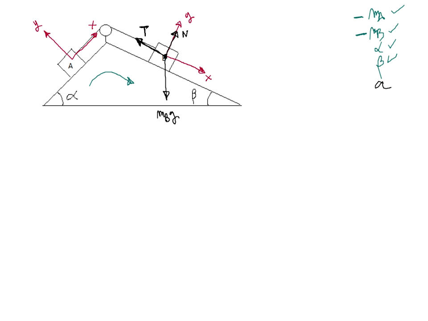Good. All right, let's look at our coordinate system. Is there anything that we still need to do to complete it? Absolutely. We need to figure out the angle for the weight. So, is the weight of object B going to be dependent on the angle alpha or the angle beta? Beta, of course. Perfect. And so the next question is, where is beta? Is beta between the weight and the y-axis, or is beta between the weight and the x-axis?